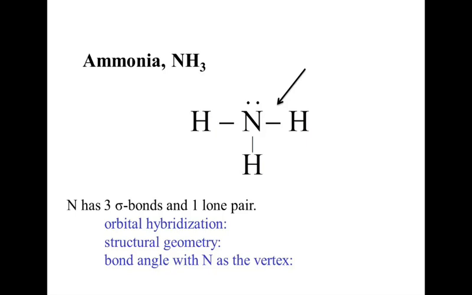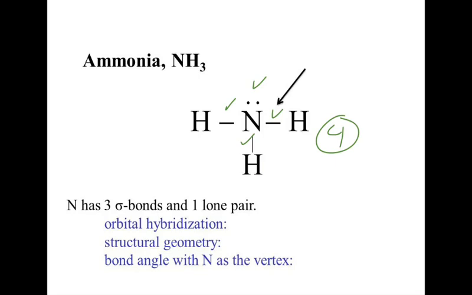This is the final Lewis structure, and that first column on the previous slide, we're supposed to count sigma bonds and lone pair electrons. Can you see where we have 3 sigma bonds and 1 lone pair electron? This is where you need to go down to the third row of the previous slide, because you have 4 things that are repulsing from that nitrogen atom.